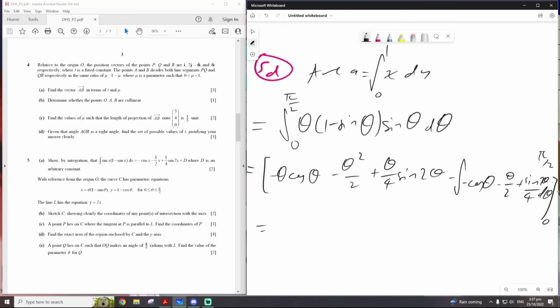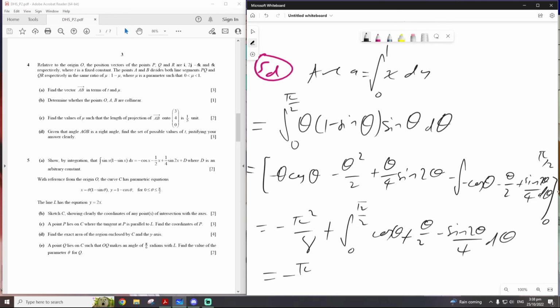I put in pi over 2 here, this 0 is gone, pi square over 8, this pi over thing is also gone, so this is just negative pi square over 8, I think. Okay, and now we're going to integrate this from 0 to pi over 2, and we're going to flip the signs around, so this is cosine theta plus theta over 2 minus sine 2 theta over 4, d theta.